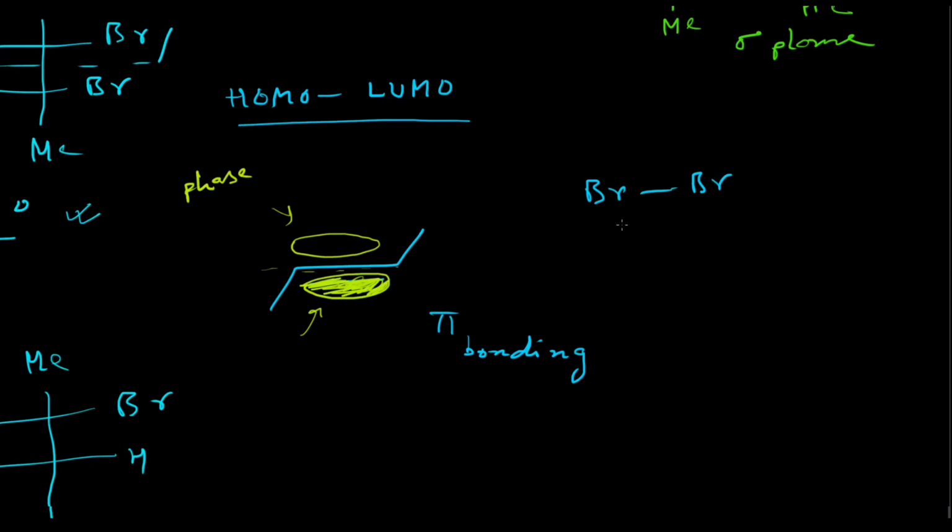And the LUMO: since this is an electrophile, it must accept the electron pair from the alkene molecule into its LUMO, which is the lowest unoccupied molecular orbital. Here also the pictorial depiction of the LUMO will be this one.